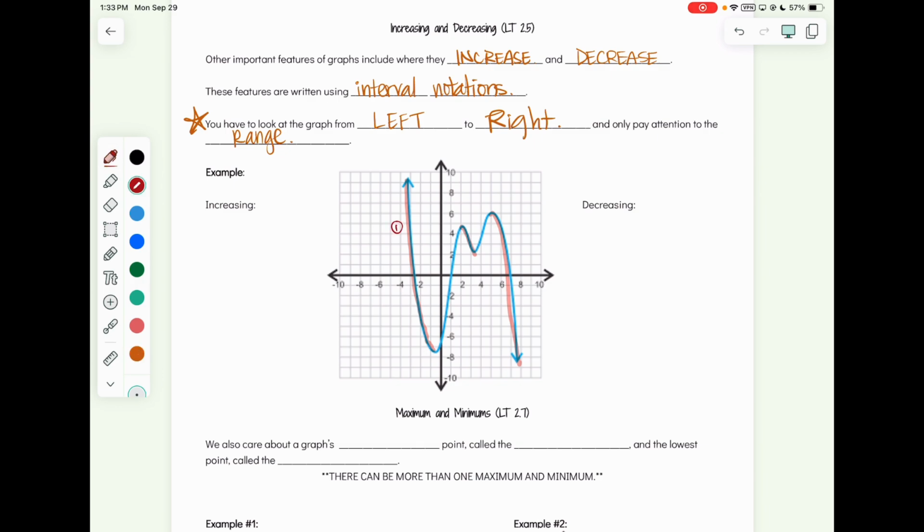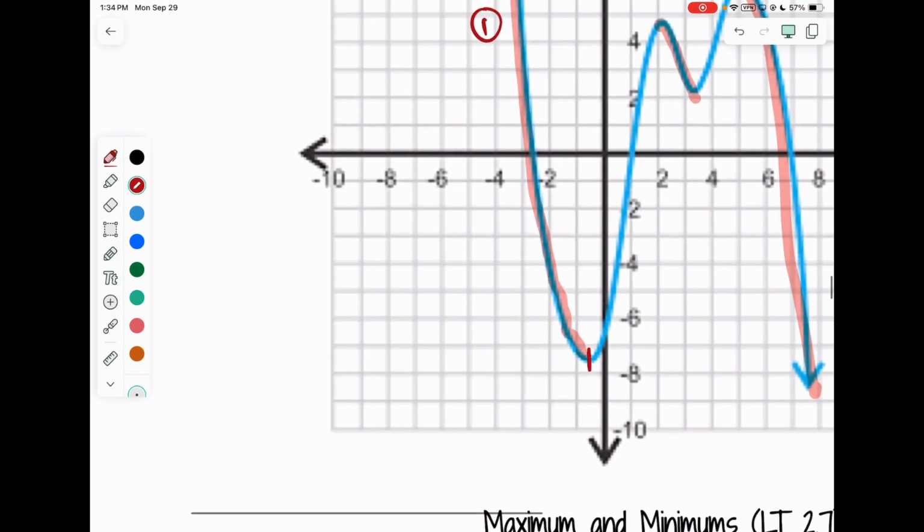Let's number this one. This is going to be the first interval. What domain is it coming from? You're writing using the domain for the increasing part. What's the domain here if it's an arrow? Negative infinity to, what's the value here? It looks like negative 0.5.